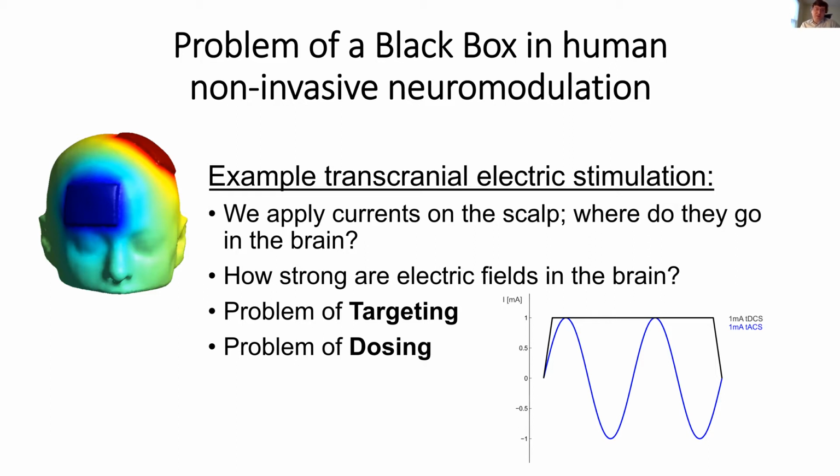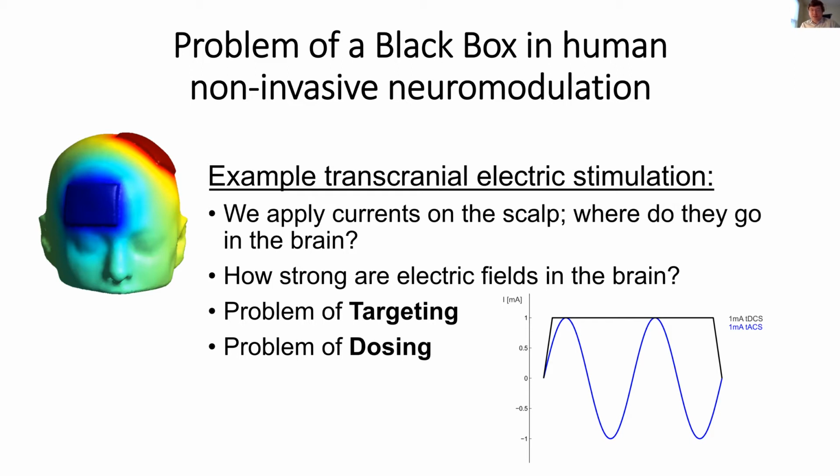So, for example, for transcranial electric stimulation, we apply those currents on the scalp, and then the question is, where do they go in the brain, or what's happening? And that's something we don't typically have direct access to if you do human experiments, because we cannot implant electrodes and measure how strong those fields are.